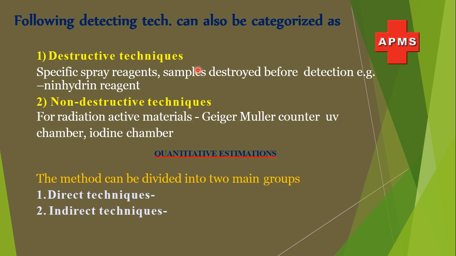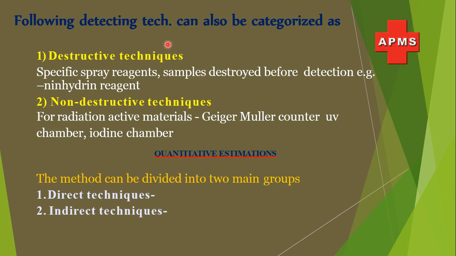So what we see here, this destructive and non-destructive technique, or by seeing the spots on this filter paper or chromatogram, we can just make an idea of the presence of a specific compound.